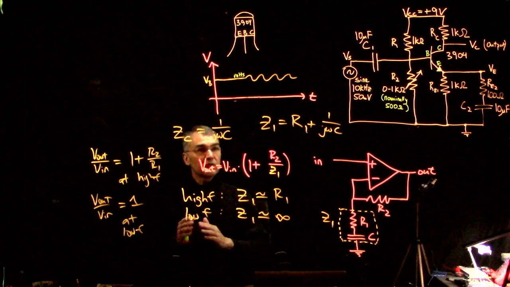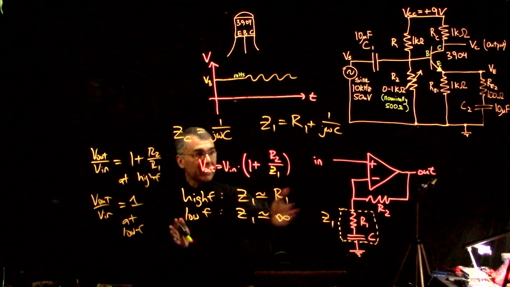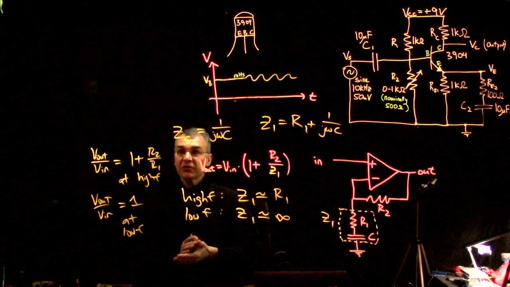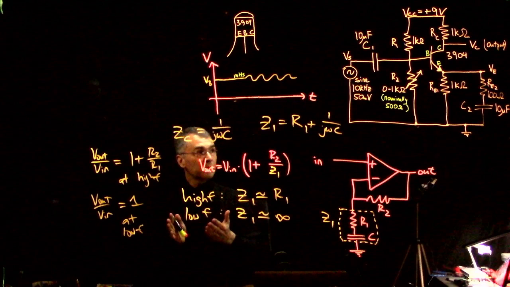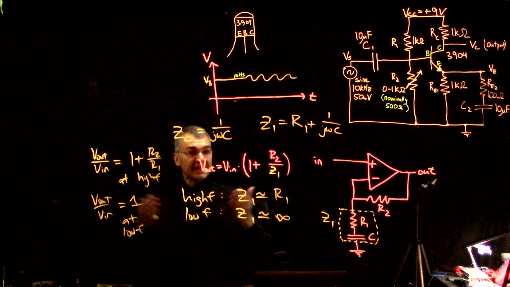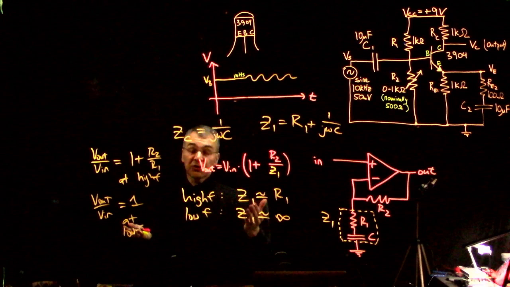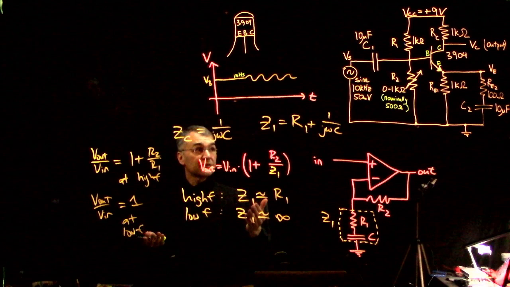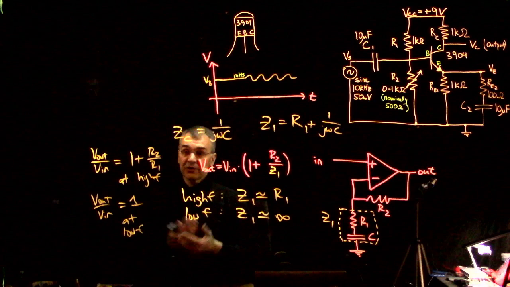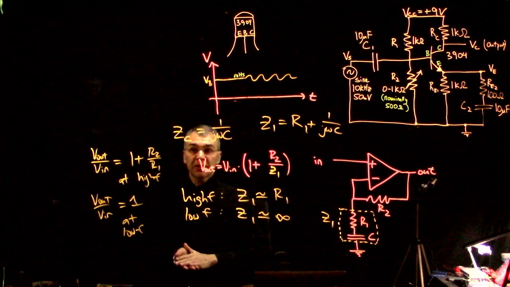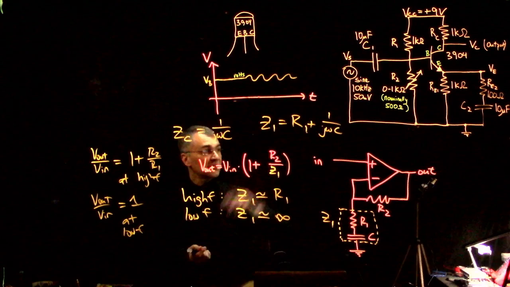Okay, so that's a reminder that in the past, we've put a resistor and a capacitor in series as a sneaky trick to make the resistor appear gigantic at DC, or at very low frequency, but become equal to the resistor value at high frequency, at so-called signal frequencies. So we're using that same sneaky trick again.